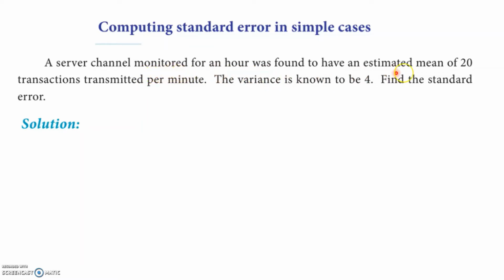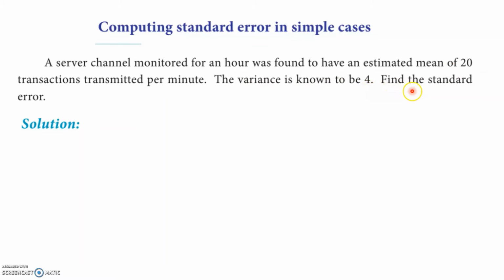And then they found an estimated mean of 20 transactions per minute. So within this 1 hour that they monitored, which was n equal to 1 hour, they had the mean as 20 per minute. That's our x bar, that's our mean. And the variance was known to be 4.